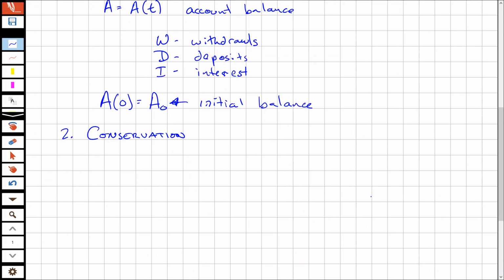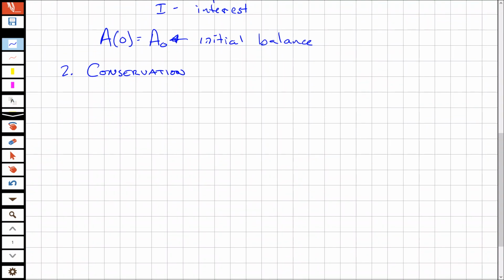In this case, we know that whatever the account is at time t plus some step in the future, it needs to be whatever the account was at time t plus whatever interest we've gained, whatever deposits we've gained, and minus any withdrawals. I'll set this up in a balance sheet as well.